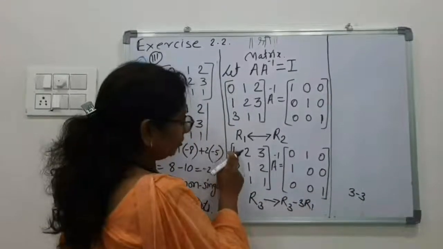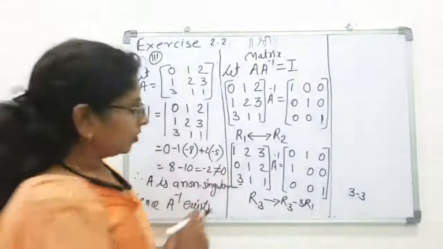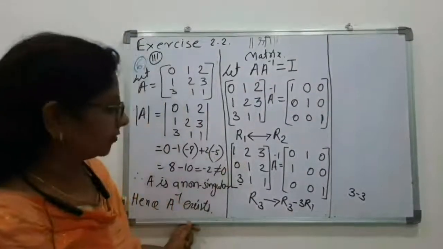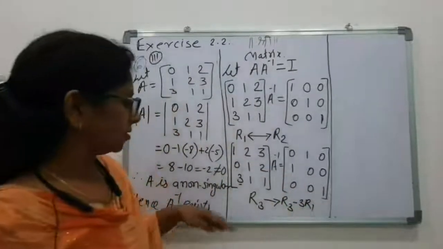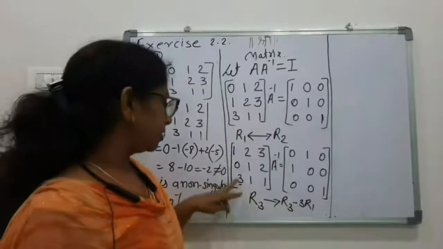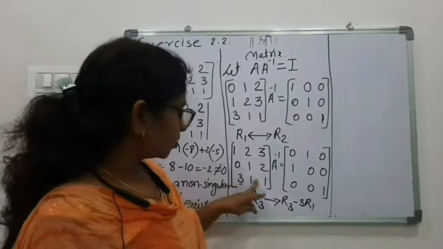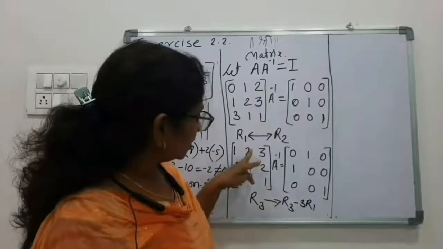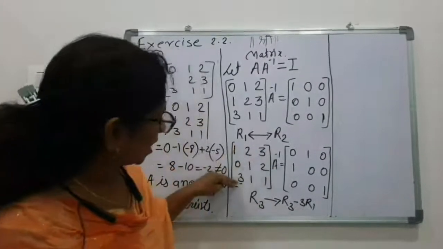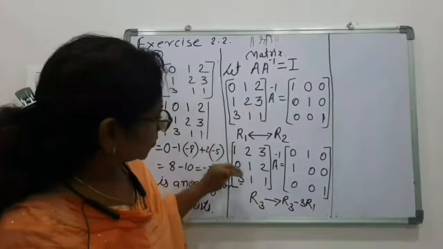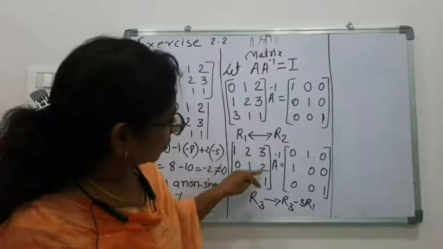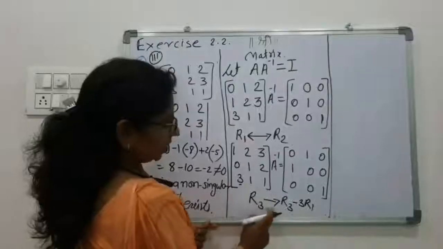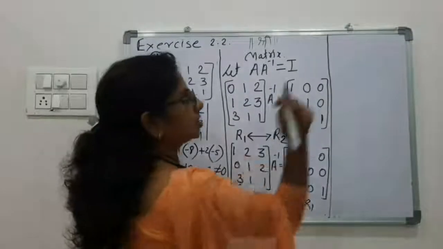No, we have to use R1. Similar operations we have to apply on all the elements of R3, that is on this 3, on this 1, on this 1, using R1. Corresponding R1 of 3 is 1, corresponding R1 of 1 is 3, corresponding R1 of 1 is 3. So we have to apply this transformation.